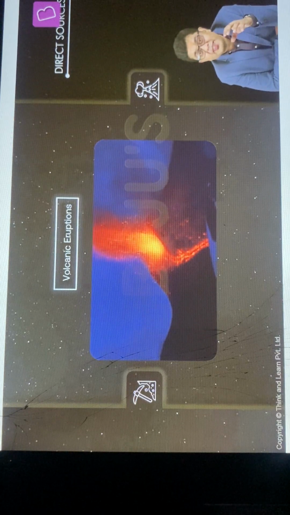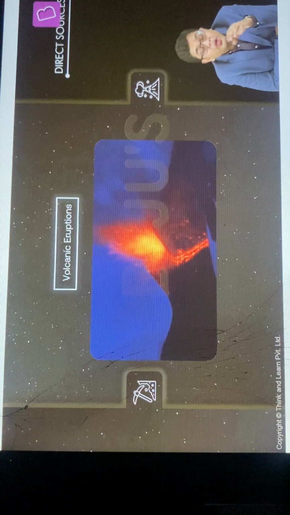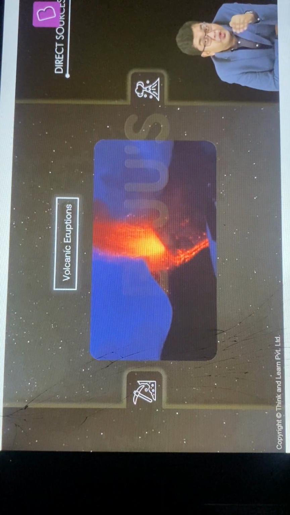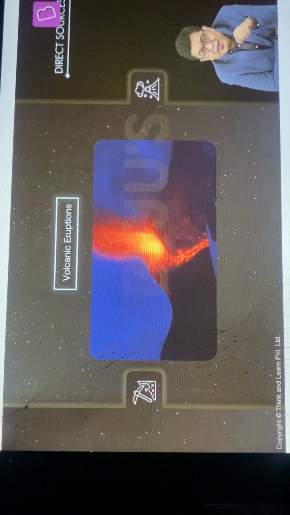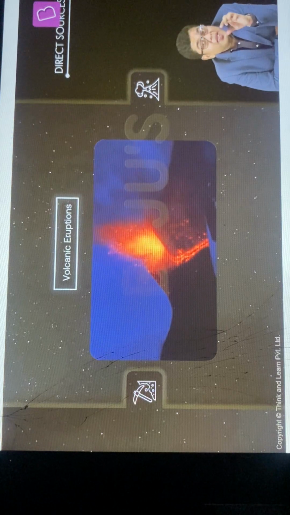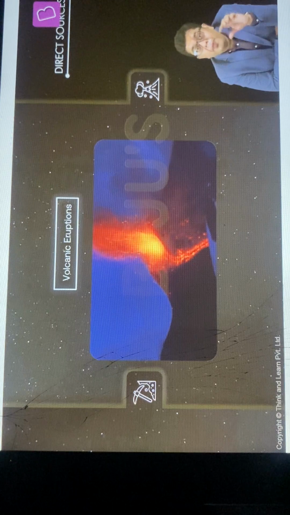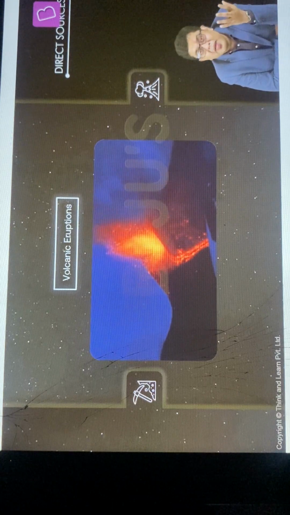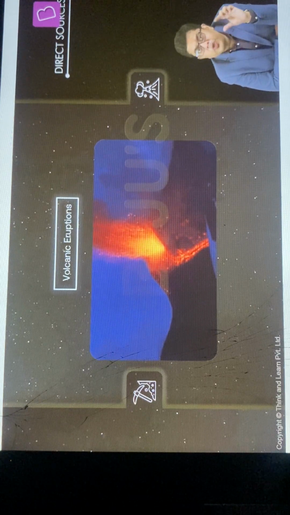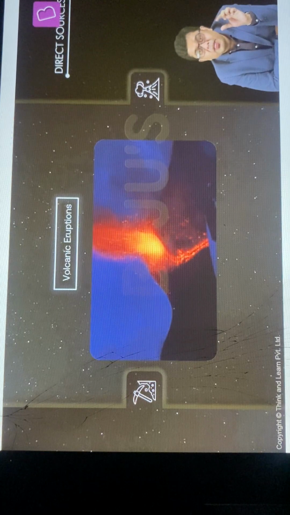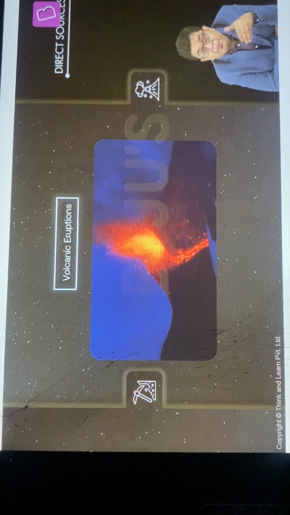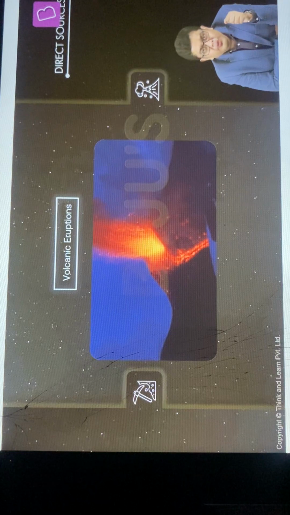It also helps us understand the presence of solid and liquid materials and their distribution in the interior, but at the same time the gradient of temperature, especially in the upper portion of the mantle and the crust from where this molten magma is supplied. We get an idea about how the temperature is increasing in those regions.